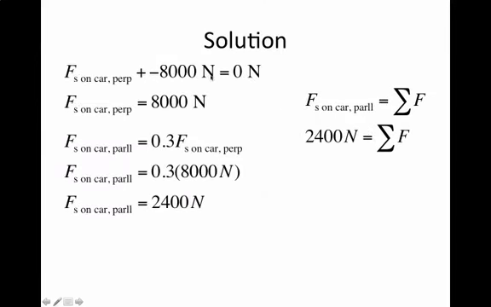So let's just take a look at that here. I solved for the normal force, I then plugged it in to find my friction force, and I got that my friction was 2,400 newtons, and then I showed that my only force exerted on the car in the x direction was 2,400 newtons, and it's going to be positive, so that is my sum of the forces, right? Sum of the forces is a synonym for the net force.